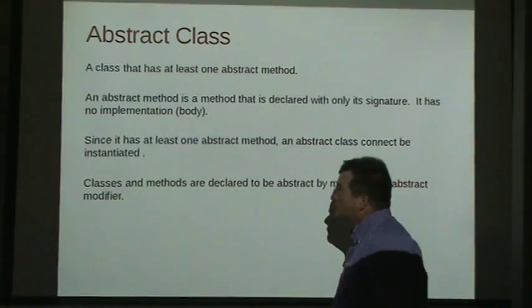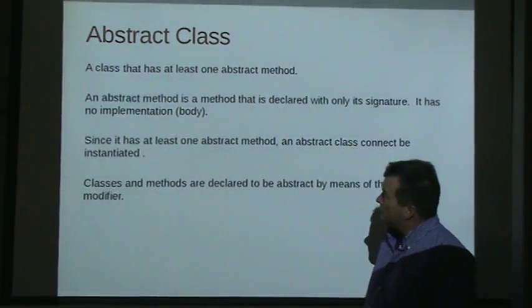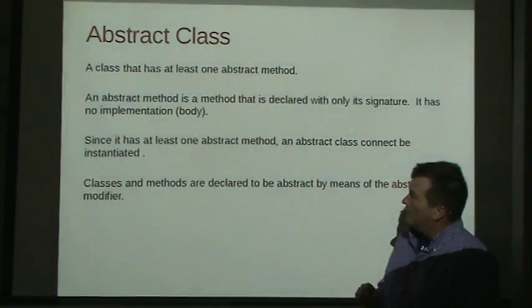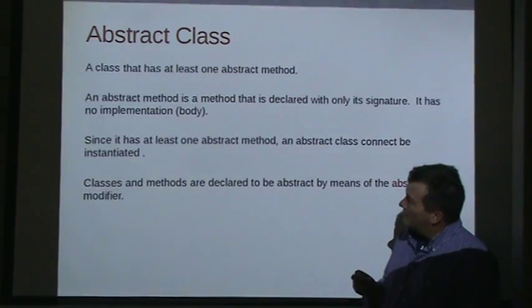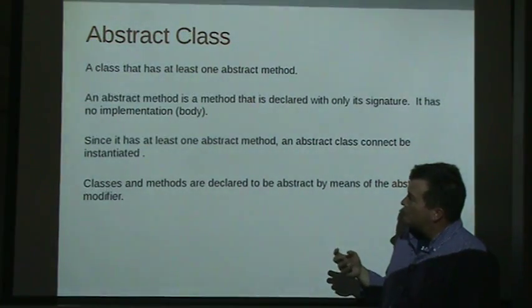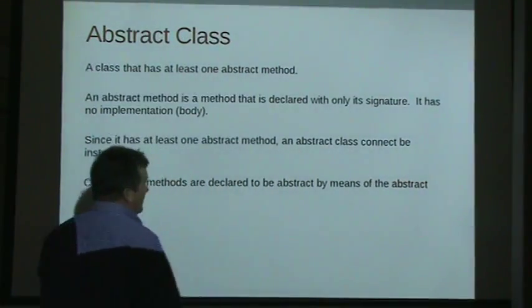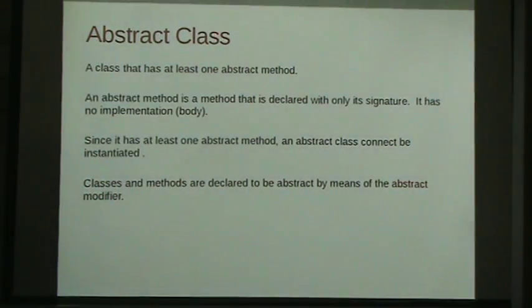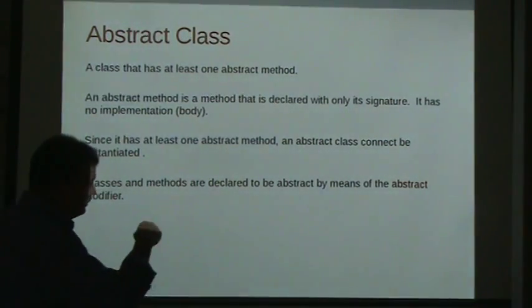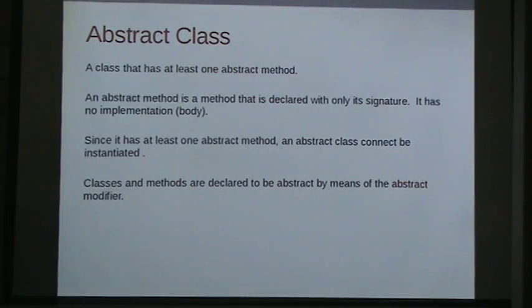So Java made it a little bit more explicit, and they basically have a definition of what an abstract class is. An abstract class is a class that has at least one abstract method. An abstract method is a method that is declared only with its signature, and it has no implementation or body to it. It's just open parenthesis, closed.